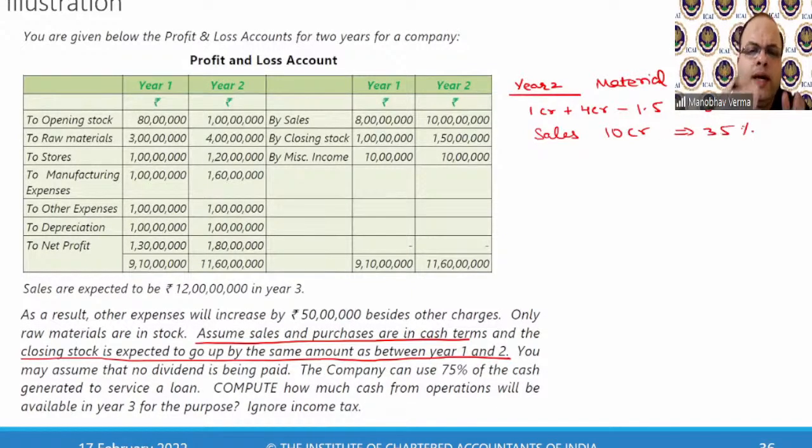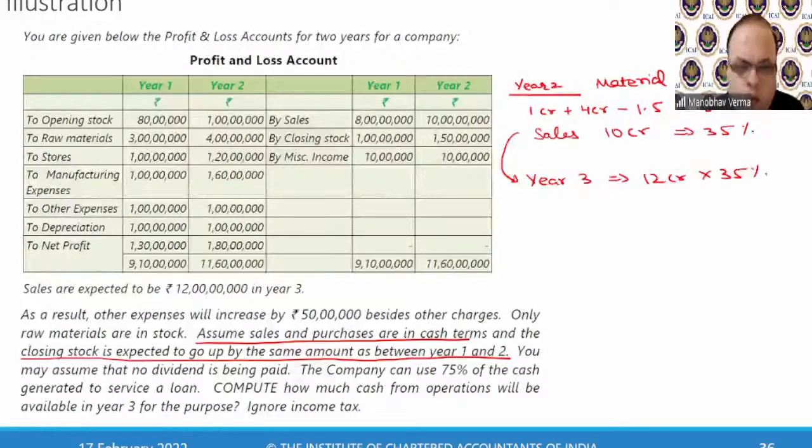And if the movement has to be similar from year 2 to year 3, then we can calculate that my materials consumed for year 3 could be 12 crore into 35%. Can anyone tell me what that amount is?